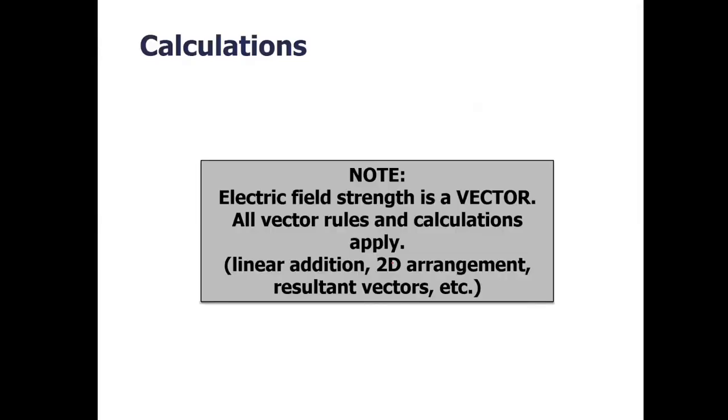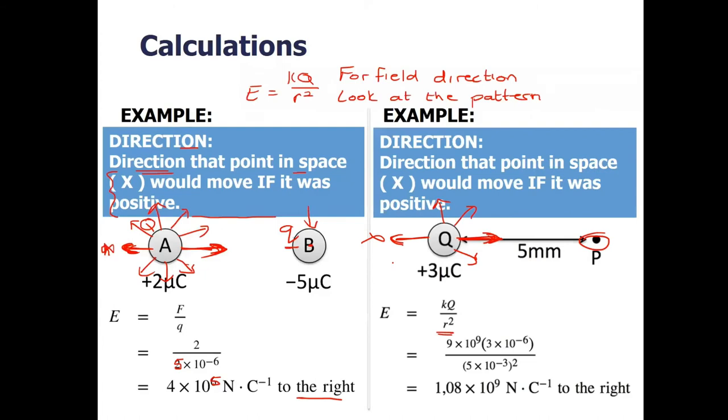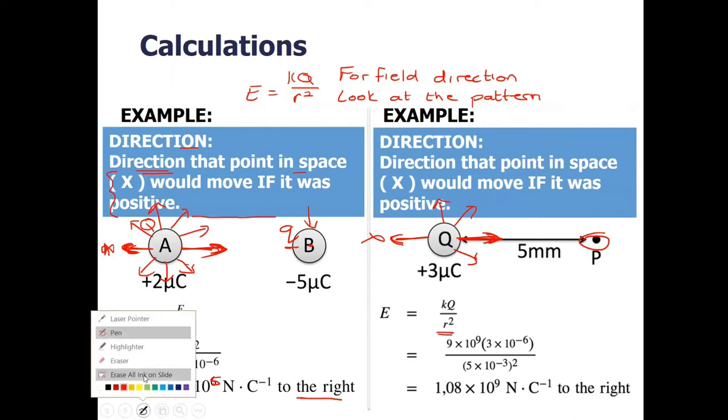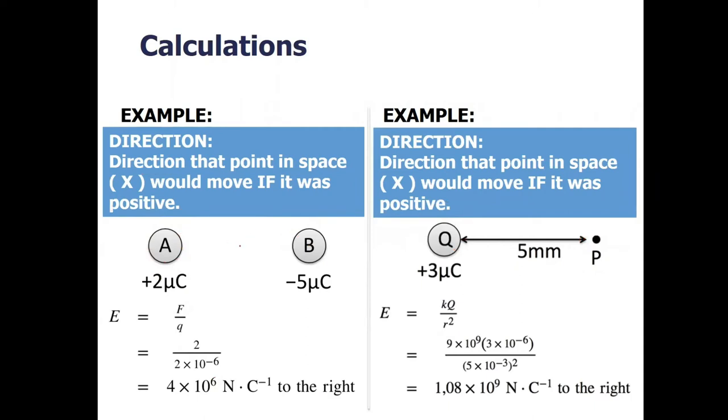Right, that is it. So just remember, the electric field is also a vector, so you can add them together the exact same way as you do the forces. Your free body diagram will help you here as well. So let me just clear this writing quickly, and I can show you something here. If we had to look for a net field at this point over here, you would look at the field pattern for A. You would calculate A's field. So you'd say, okay, from this point, A's field is pointing to the right.